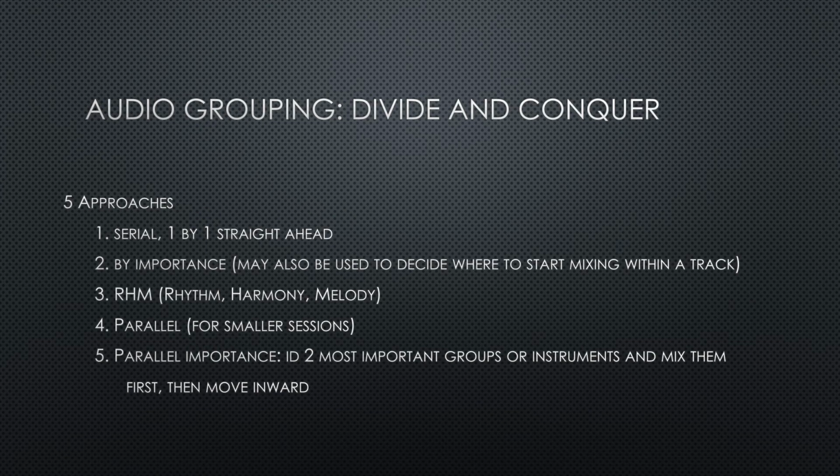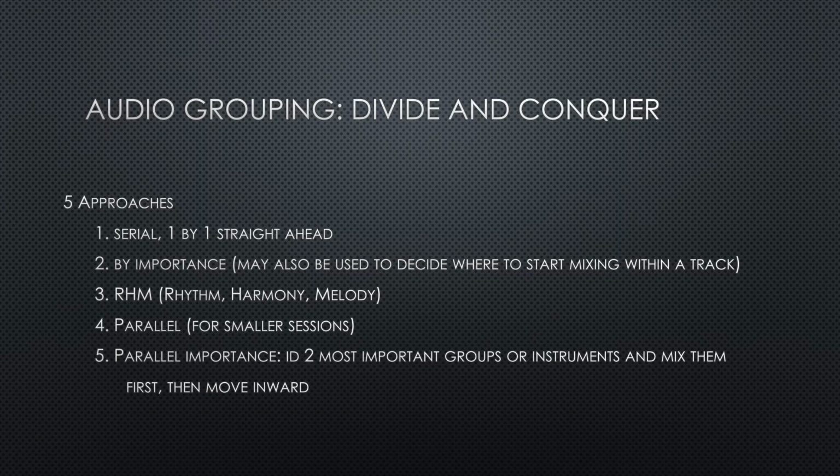So we talked about grouping a second ago. 5 approaches to grouping. This is how you're taking all of the tracks. So you get the session, which is all of the songs. The songs are tracks, and then within a given track, you're going to have files for all of the different instruments.